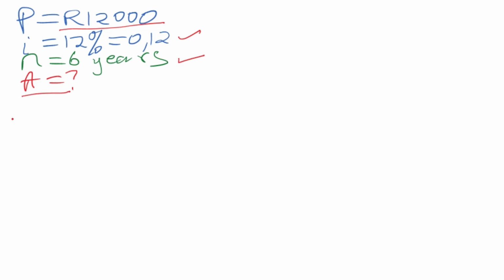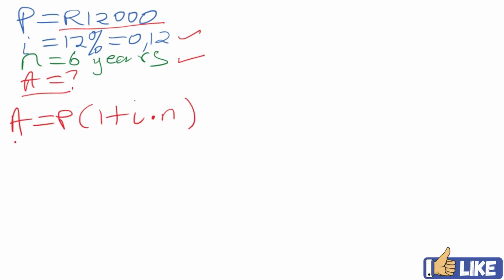So we need to write the formula. Now this formula is the one that we use to calculate the simple interest. This formula is also used when you are calculating the hire purchase. So now what we have to do is just to do substitution, and we find the value of A. Now the value of P will be 12,000.